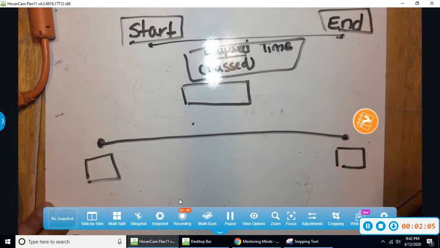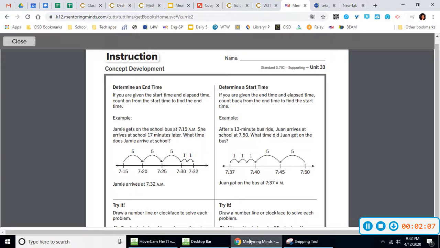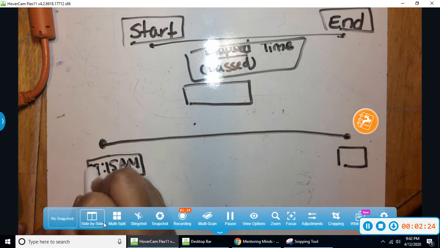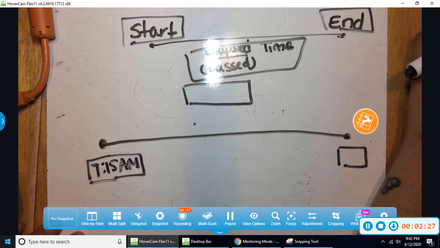Going back to the problem, what do we know? Jamie gets on the school bus at 7:15 a.m. So we know our start time is 7:15 a.m. Now I'm going to try switching between the screens. So here's my start time, 7:15 a.m.